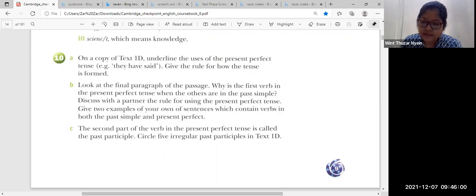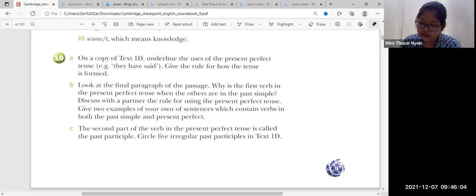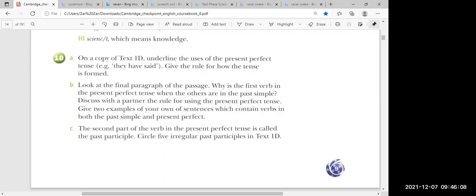Can you hear me? Yes. The screech owl volunteered to go next and reach the place safely.